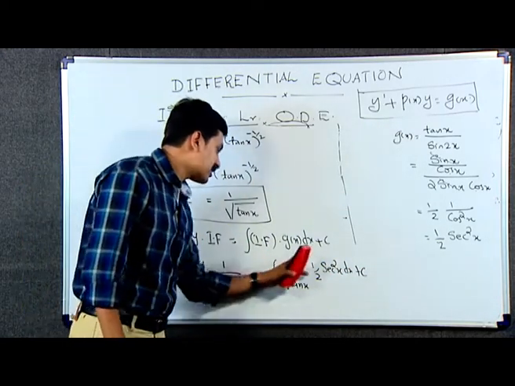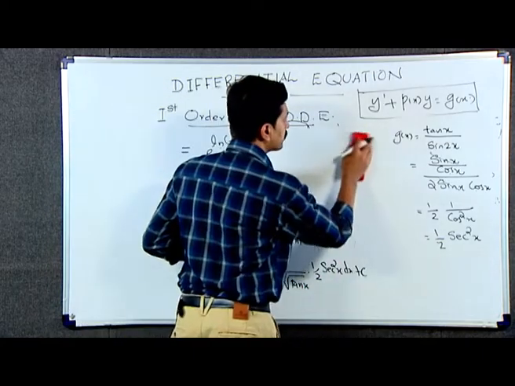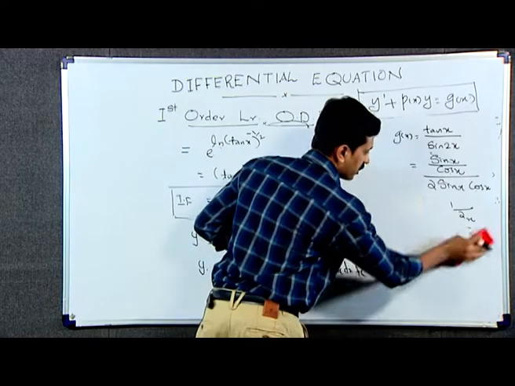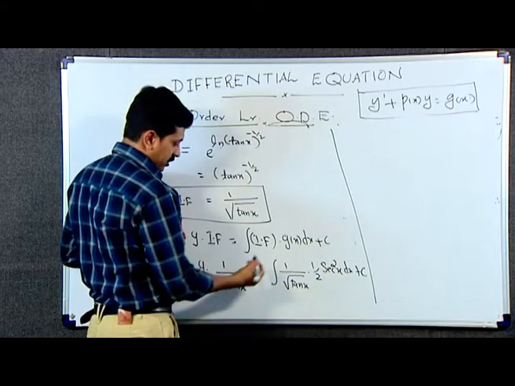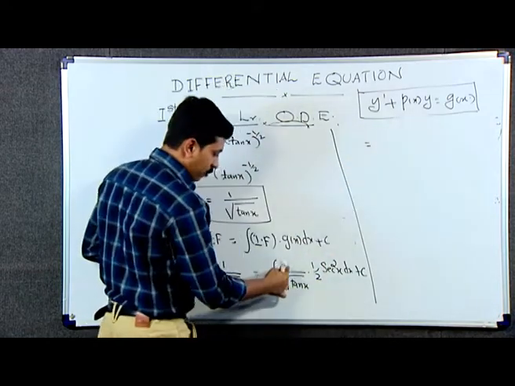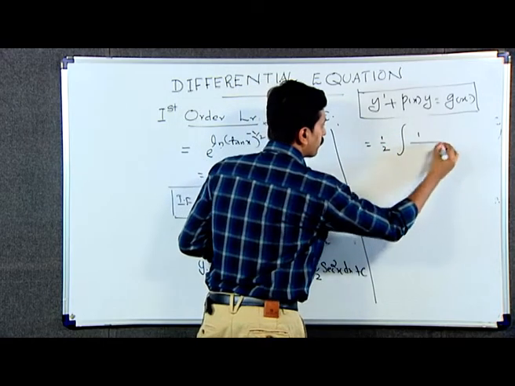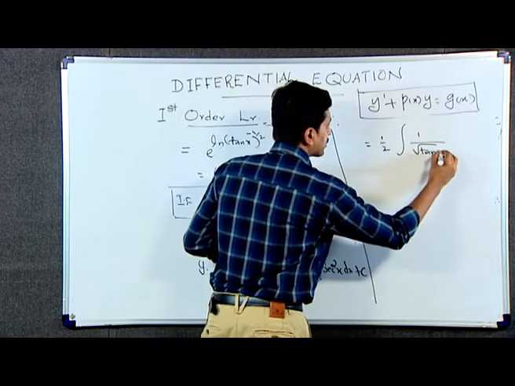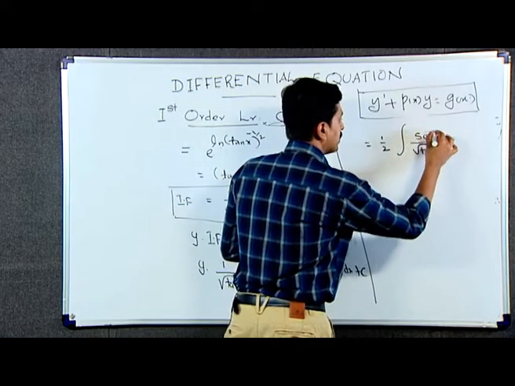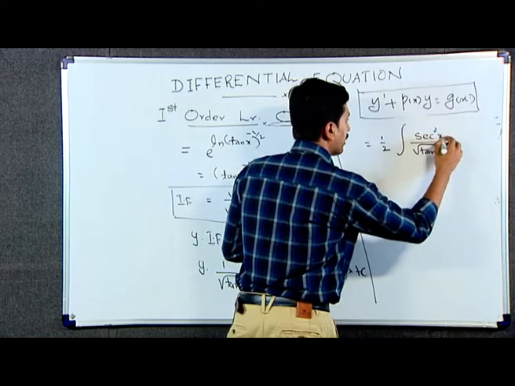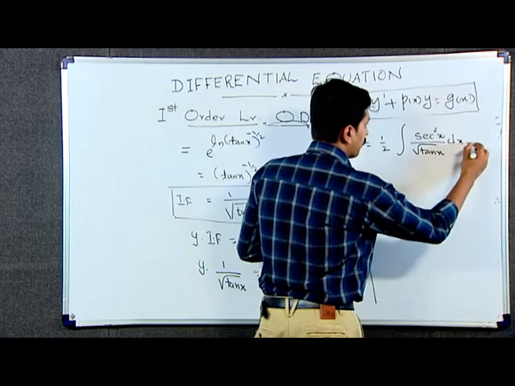Inside this integral we have 1 by 2, and we can take the 1 by 2 outside. So this is equal to 1 by 2 into the integral of 1 by root tan x into sec square x dx, that is, sec square x divided by root tan x, dx plus c.